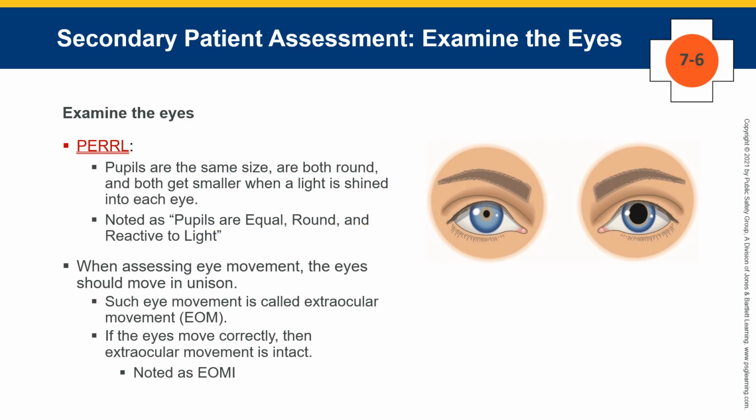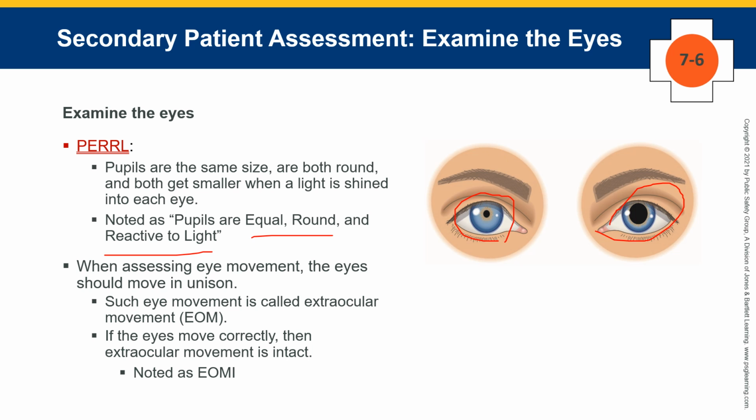When we examine the eyes, we have a separate skill guide describing this, but using our penlight, we can look for the reactivity of the pupils, and they should be equal, they should be round, and they should be reactive to light. If we see, for example, as shown here, pupils that are unequal, it could be normal for the patient. We'll need to follow up and we'll need to ask.